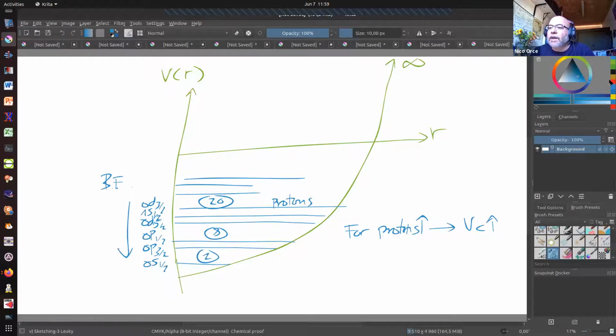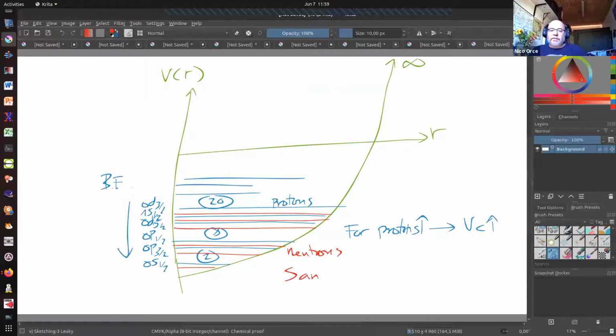But for neutrons, the building will be a little bit deeper, because for the same level you don't have the Coulomb barrier, so you don't have the Coulomb repulsion. So for neutrons, the same building, same orbitals, to be precise, but slightly deeper because there's no repulsion, right?